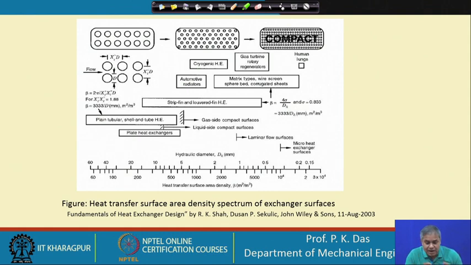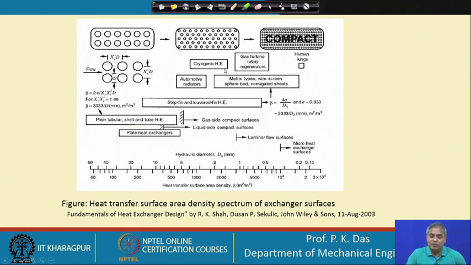Well, let us see in which industries we have use of compact heat exchangers. It is very widely used, so the list would be quite long. Here we find the earliest uses, where we had to use compact heat exchangers due to the requirements of the process. One is the cryogenic heat exchanger.